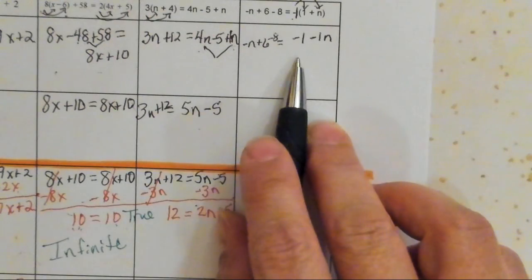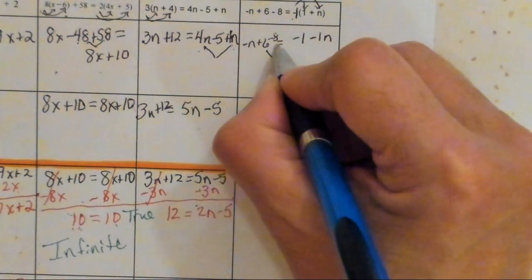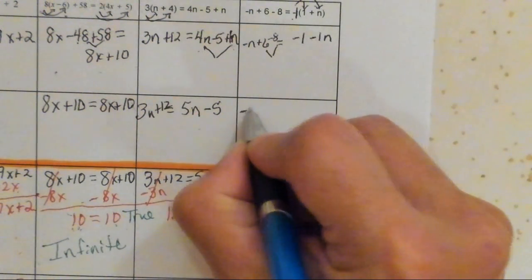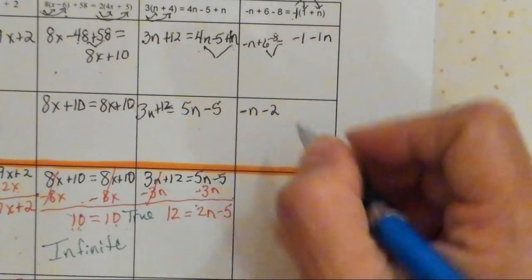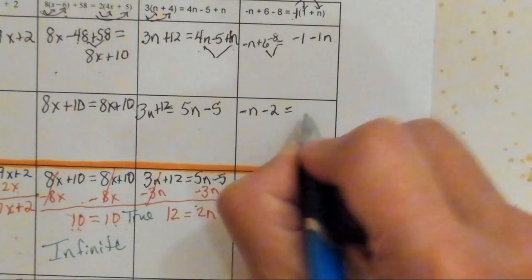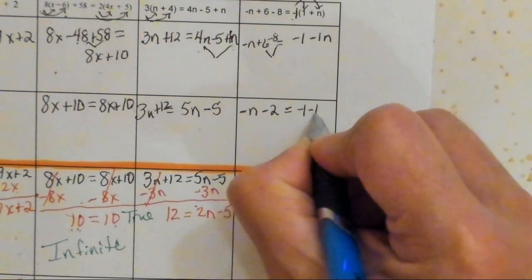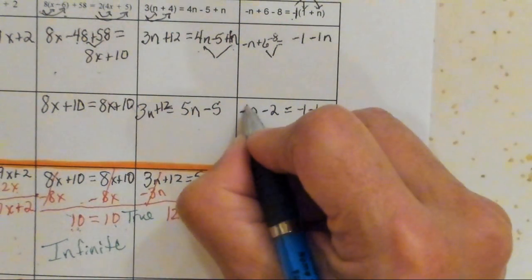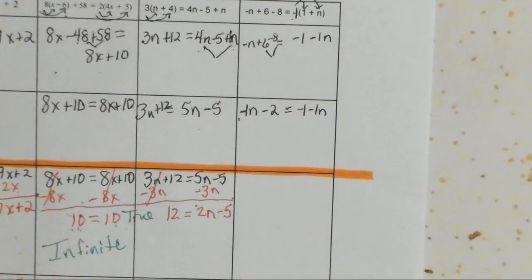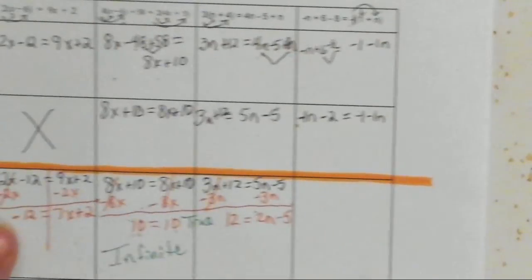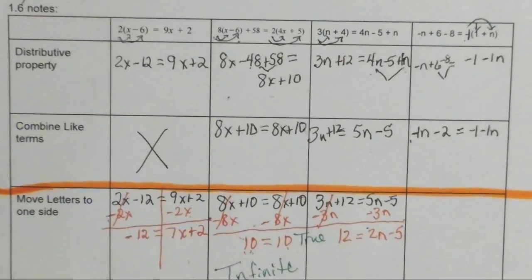Okay. So then I'm going to combine like terms. That's always good to simplify each side. And 6 minus 8 is -2, so I have to put a minus sign in there. Now again, on this side, that -n means that's a -1n.